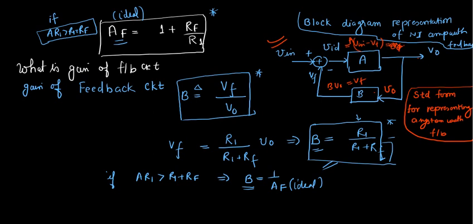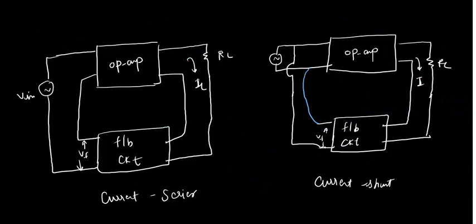Or this is the block diagram of feedback. In controls, you know that each of the blocks has some gain, right? These blocks are just an amplifier with some gain, right? So you can just replace the feedback circuit with this and the op-amp with this. This is not the equivalent circuit, right? Don't confuse it with that. Equivalent circuit was this.